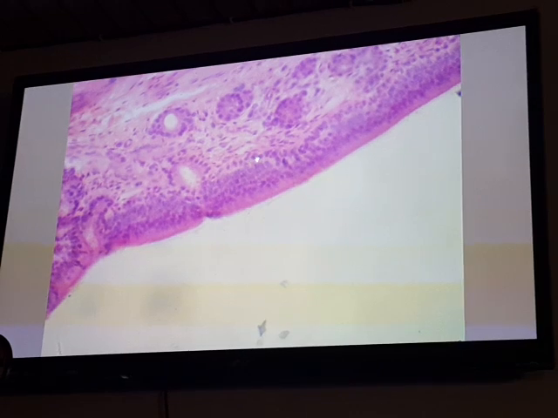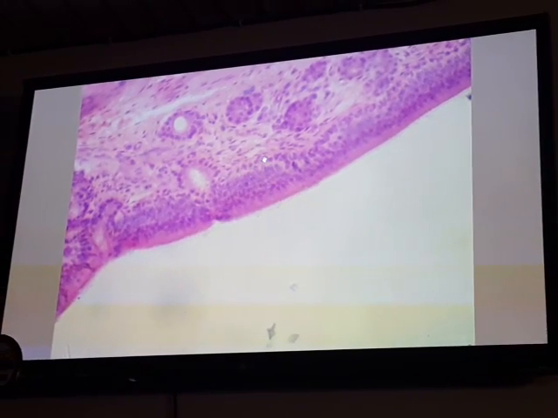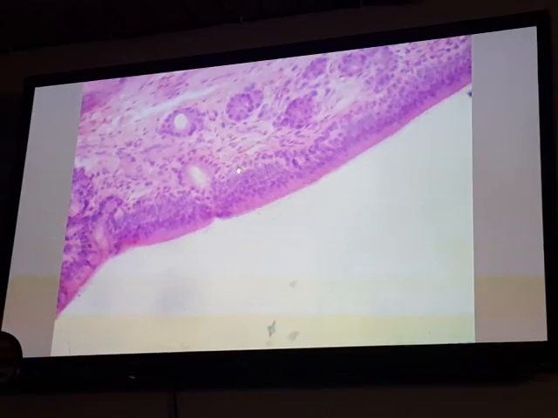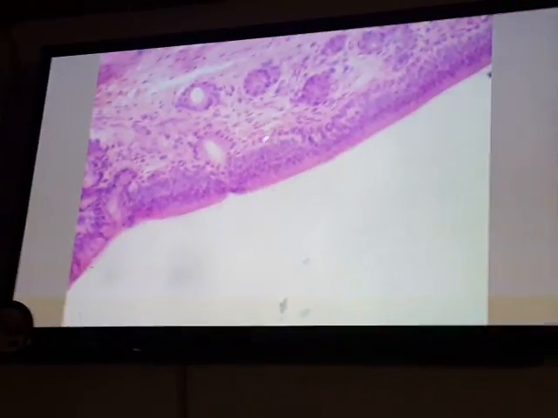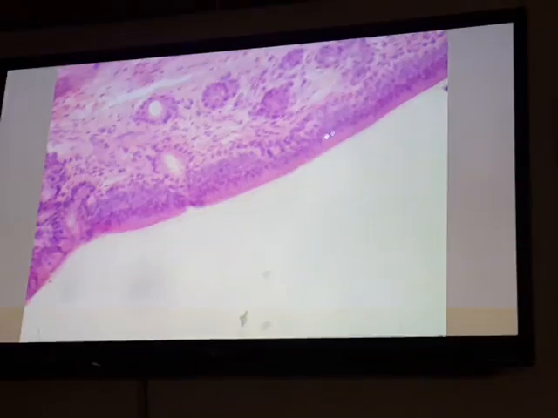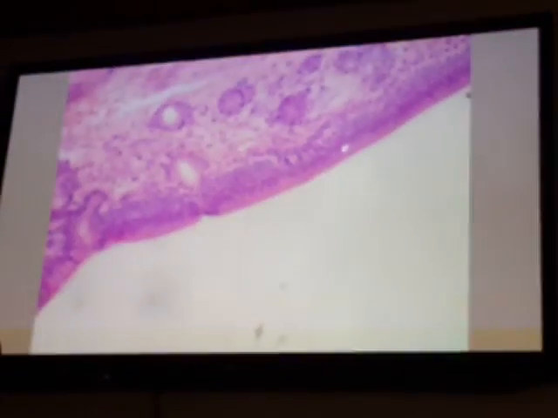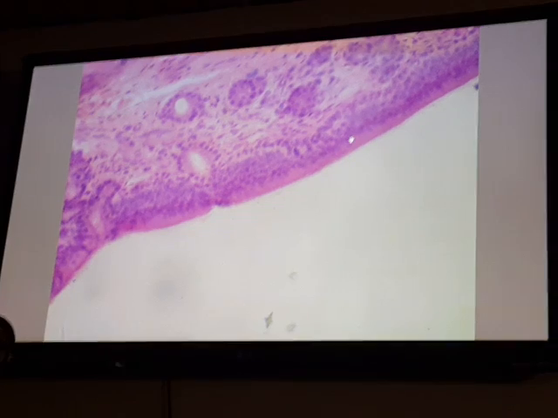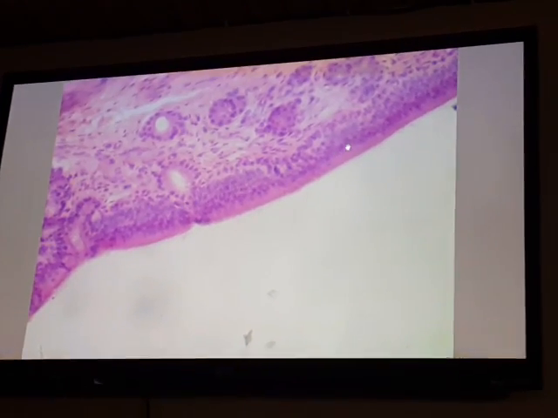So this is basal cells. Form a single layer at the base of epithelium, spherical or cone-shaped. Supporting cells. These cells have broad surface and narrow bases.